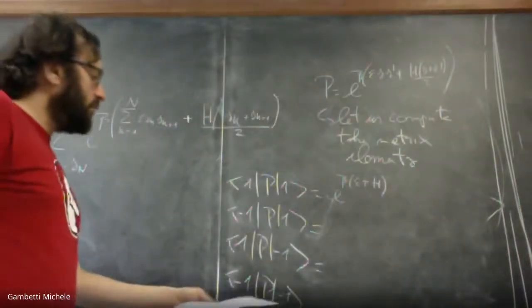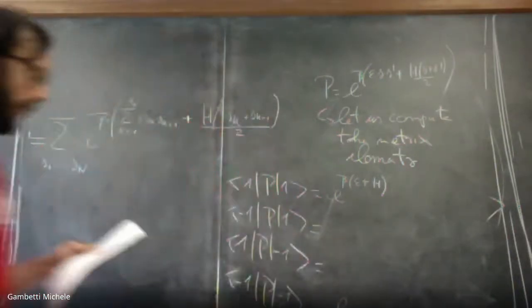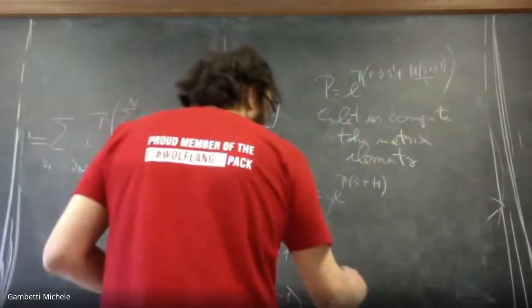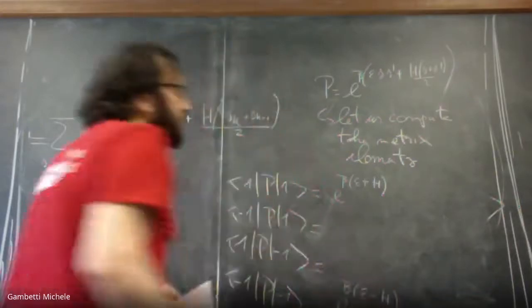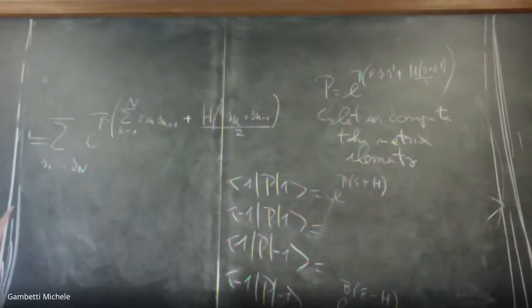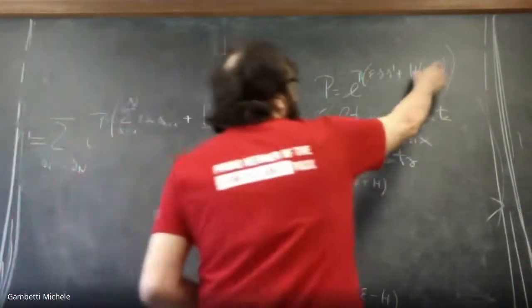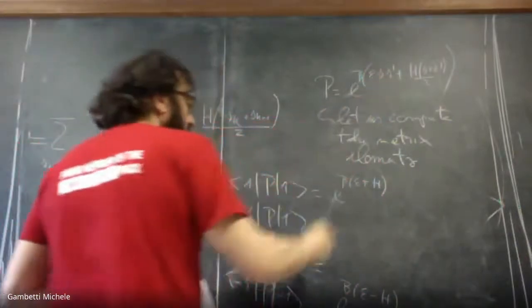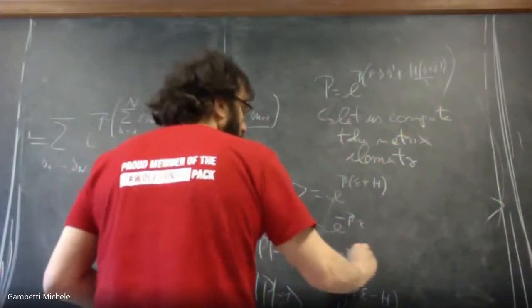Similarly, for minus 1, minus 1, I get an exponential of beta, here I have epsilon minus h, because I have minus 1 minus 1, which is minus 2 divided by 2, which is minus 1. And in the other case, this component goes to 0 because I have a plus 1 and a minus 1, and I just have this term here, which is e to the minus beta epsilon, and here is e to the minus beta epsilon.